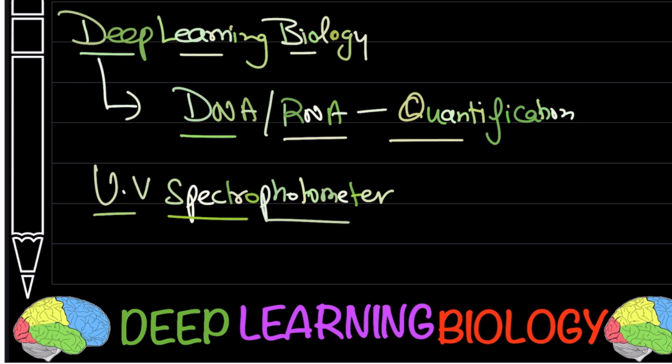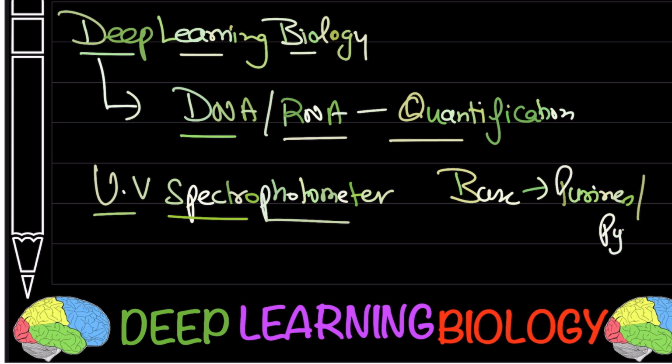Now here if you see, in the case of DNA, in the case of RNA, you know very well the bases, purines as well as pyrimidines, they are responsible for absorption of light.